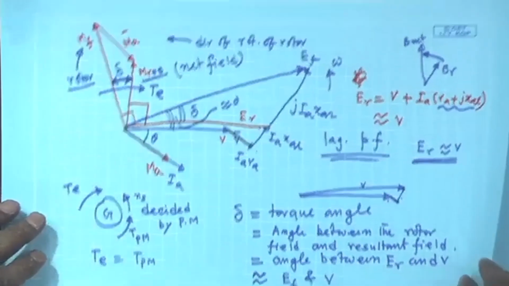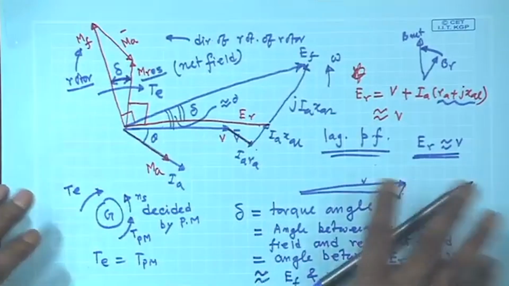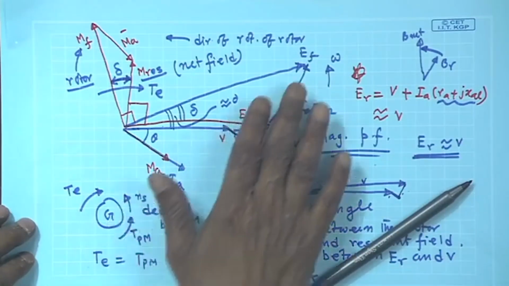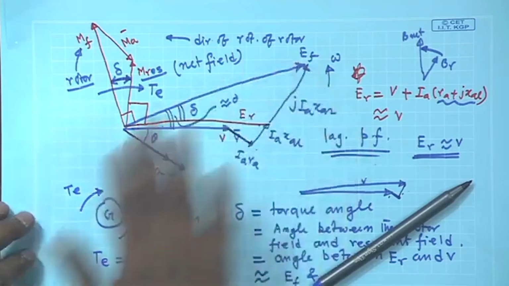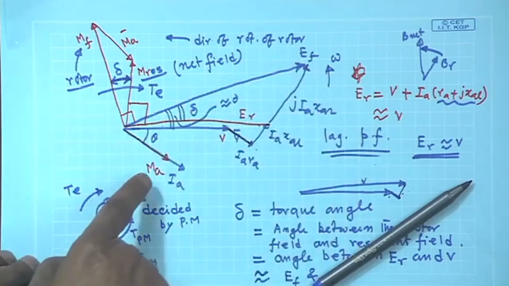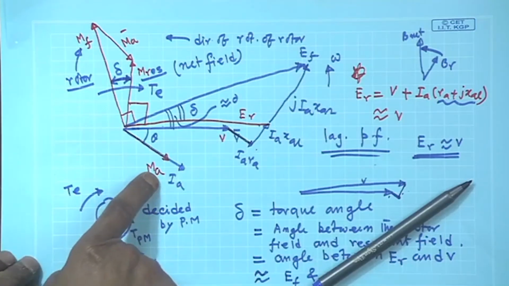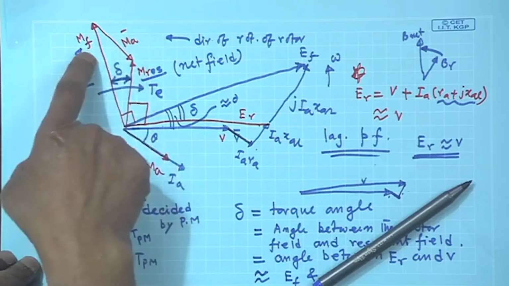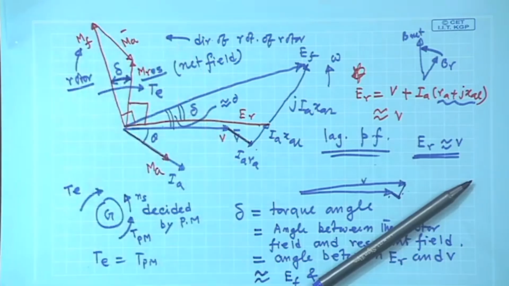Only one point I will tell: in a synchronous machine, all the electrical quantity phasors as well as the space phasors M_A, M_R, M_F, these are fields, armature field, stator field, rotor field, resultant field, all of them are rotating at synchronous speed.